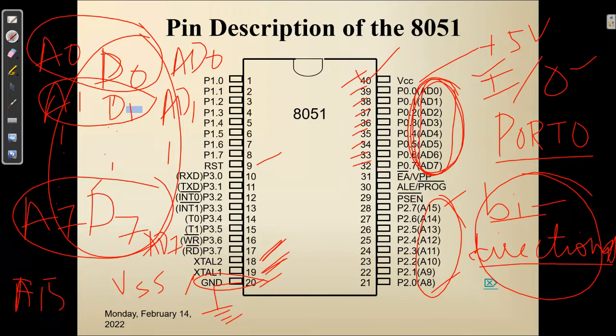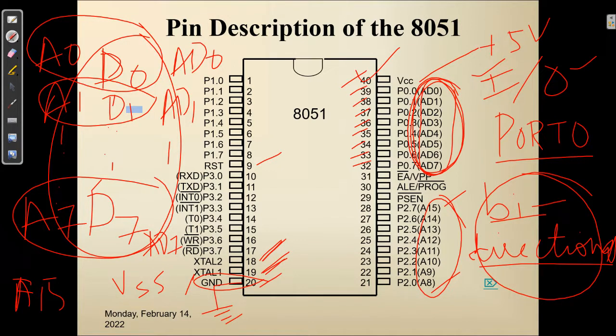Hmm, something more on this? अच्छा ठीक है, मुझे एक बात बताओ, मुझे अगर डेटा एक्सेस करना है रैम से, listen carefully, अगर मुझे डेटा एक्सेस करना है रैम से, okay, in that case will you be using the address bus first or the data bus first? मुझे एक्सटर्नल रैम लोकेशन से एक डेटा एक्सेस करना है, ओके, तो क्या मैं पहले एड्रेस बस यूज करूंगा, या फिर मैं पहले डेटा बस यूज करूंगा?